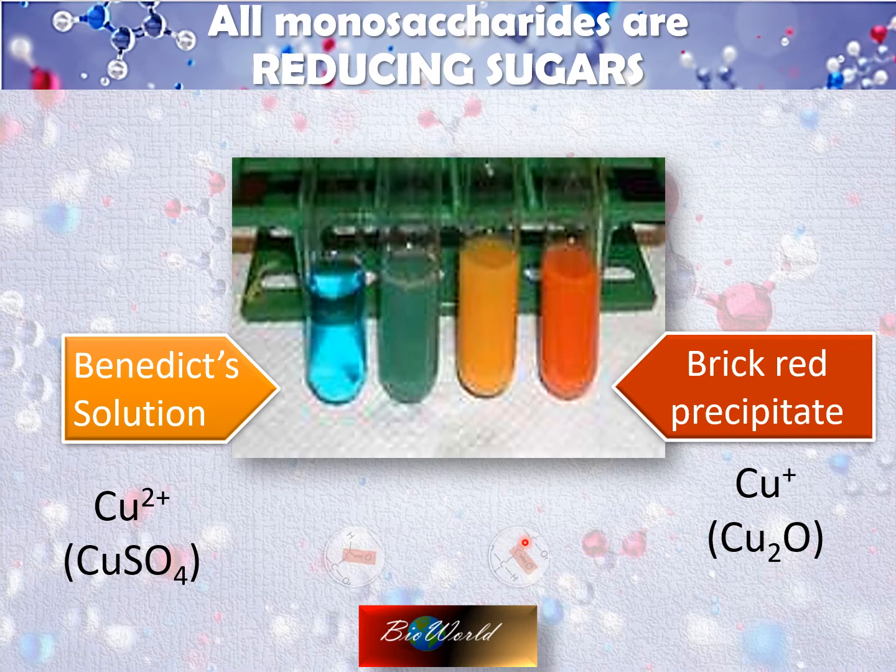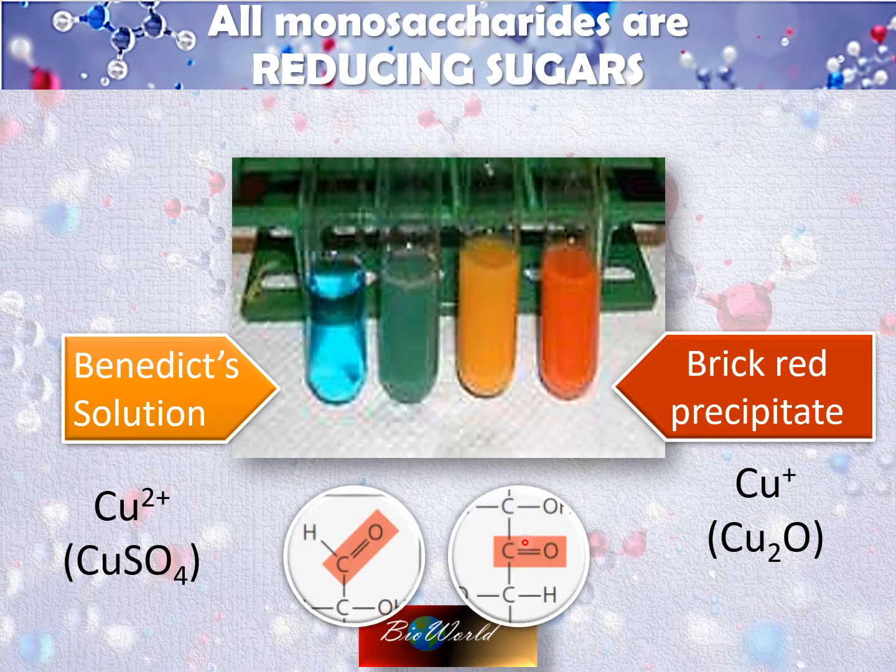This is possible because of the carbonyl group in the form of aldehyde or the carbonyl group in the form of ketone. The oxygens here are very ready to donate electrons. So here we have copper 2+ receiving electrons from the monosaccharides and becoming copper 1+.